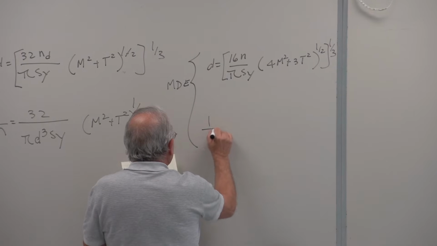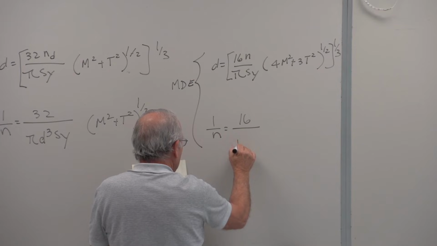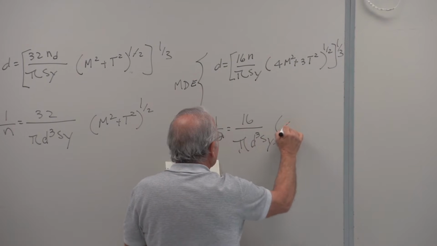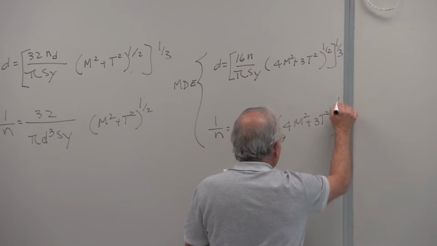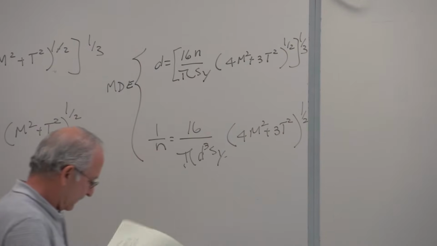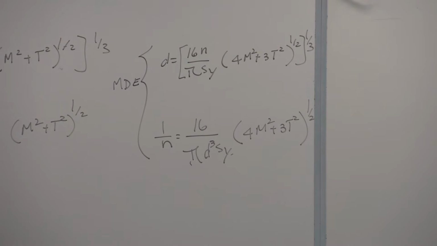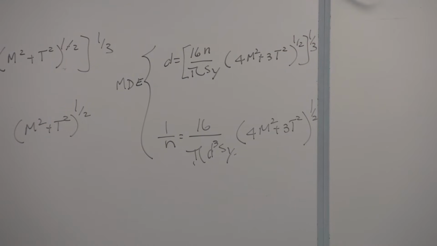And 1 over n equals 16 divided by pi d cubed sy times (4m squared plus 3t squared) to the 1/2. These are the static design equations for the diameter and also factor of safety.